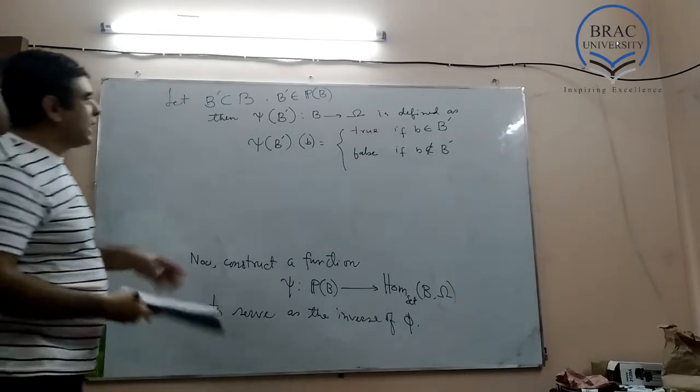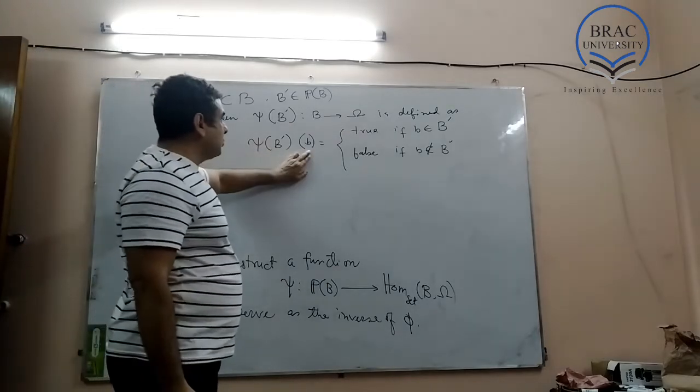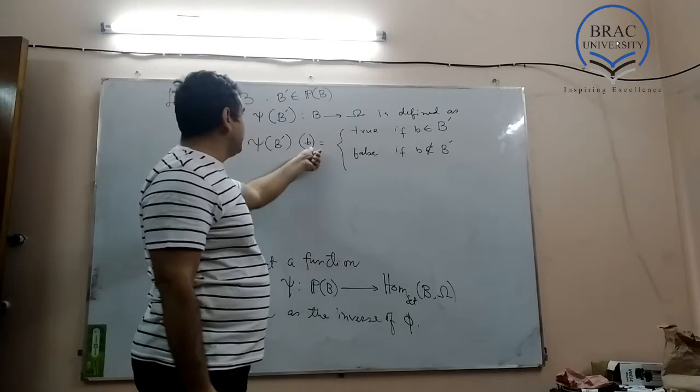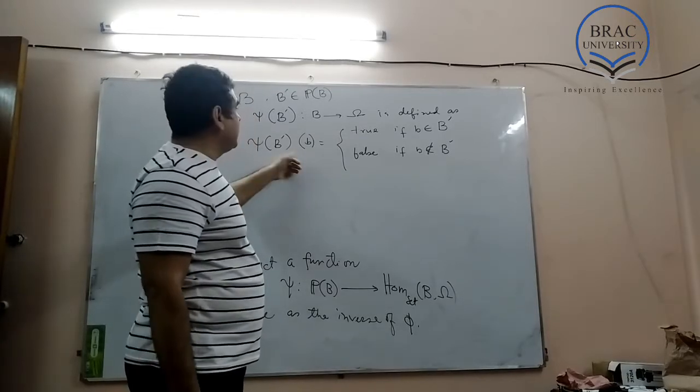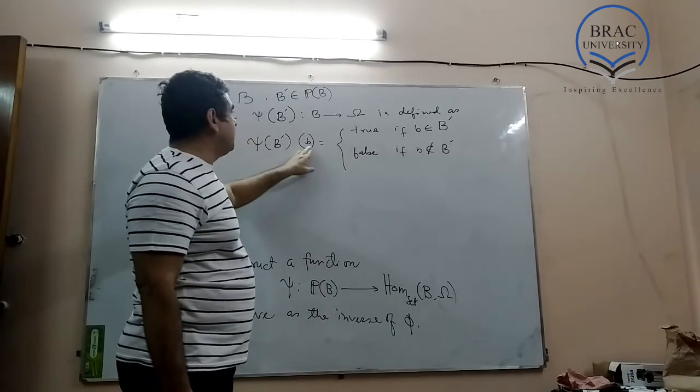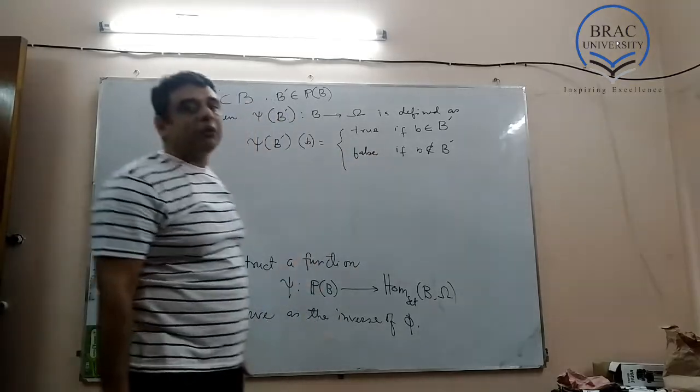So it tells you that this map acting on b will spit out true only if b is in B prime, and it will give false if b is not in B prime. This is how we define this function.